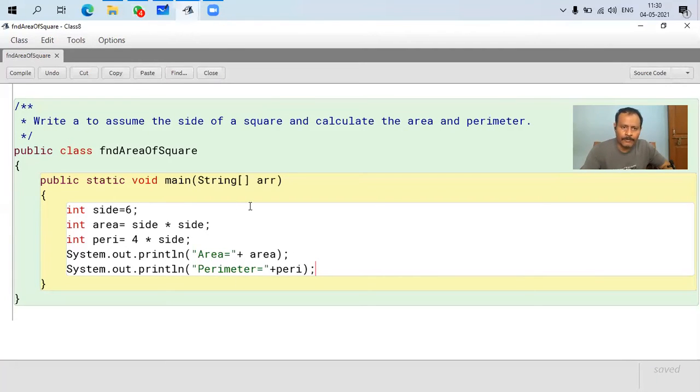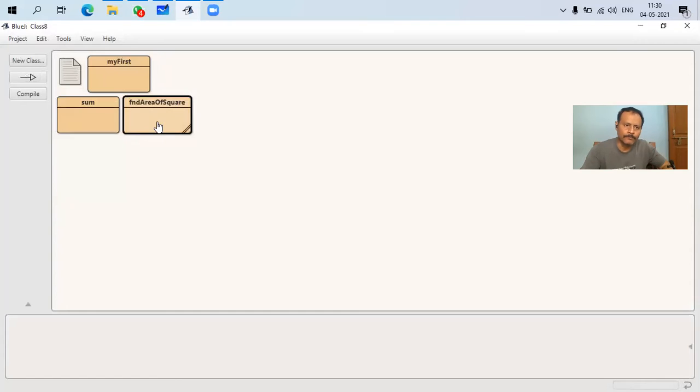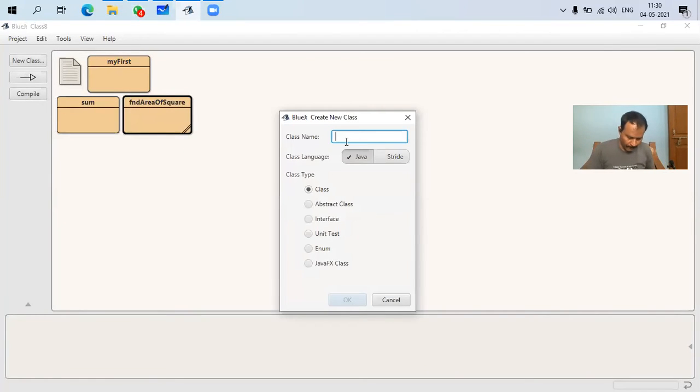Now we are going to write another program to find the volume of cube. So let us take volume of cuboid. Okay, cuboid.